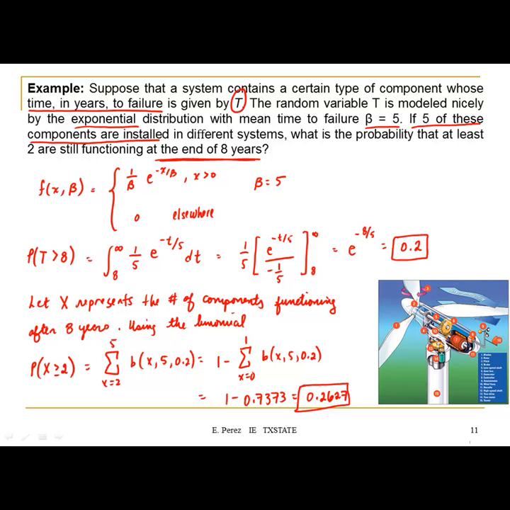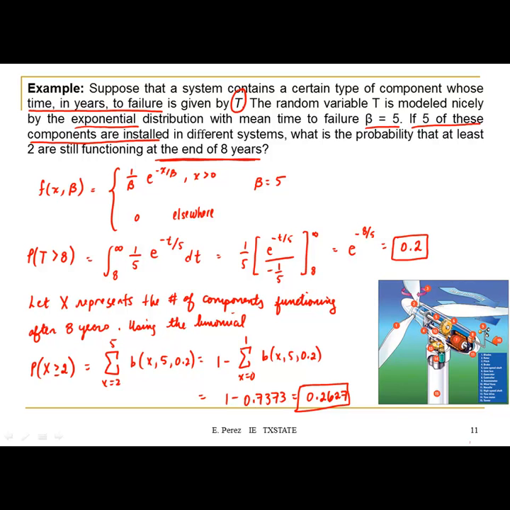So the probability of having at least 2 of them from the 5 working more than 8 years is 26%. Any questions?